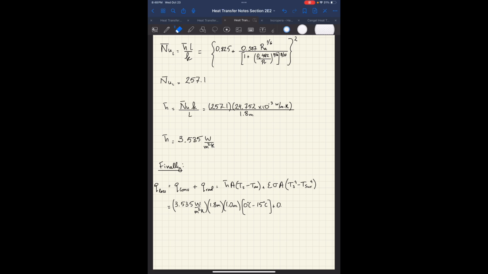I'm going to put it on 2 lines because I know it's not going to fit. Sigma is 5.67 times 10 to the minus 8 watts per meter squared Kelvin to the 4. Again, area is the same, 1.8 times 1 meter. Here you must put in Kelvin. Don't forget. In this case, the surrounding was also 15.